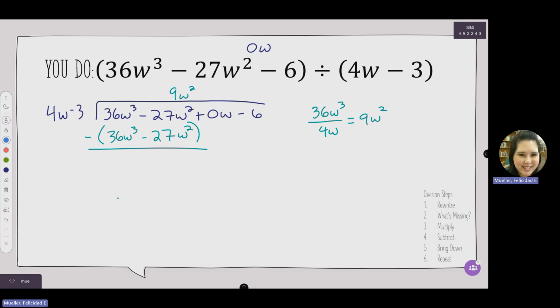So we're going to flip our signs, minus, plus. Our w cubes cancel out, our w squareds cancel out. That's even better. 0 plus 0w minus 6. And this is my remainder. So this is actually really nice. So our final answer is 9w squared minus 6 over 4w minus 3. Such a nice one.